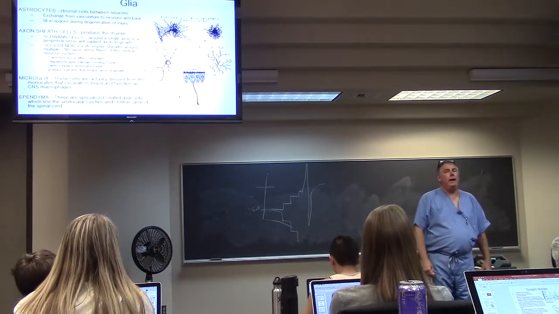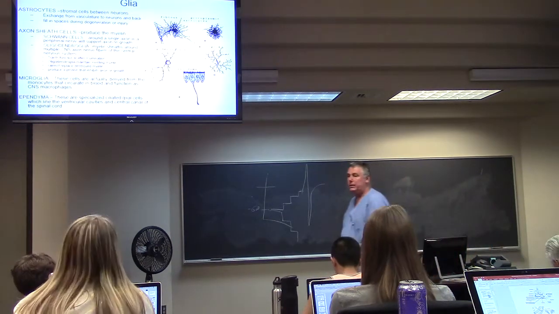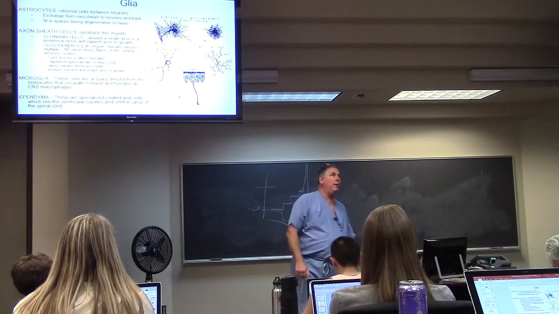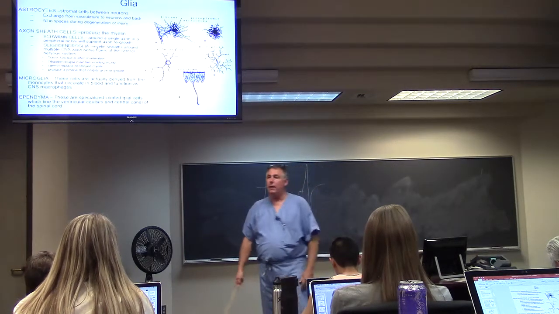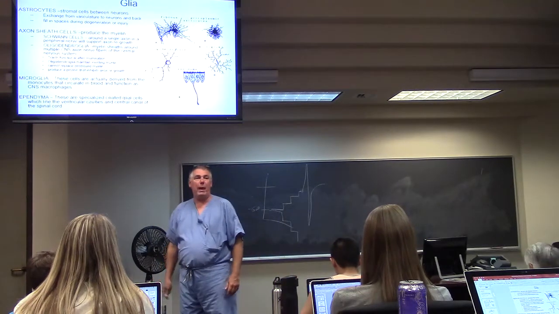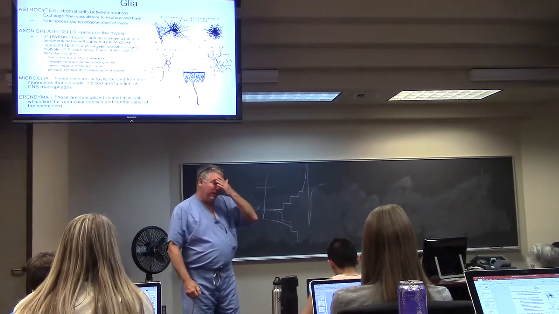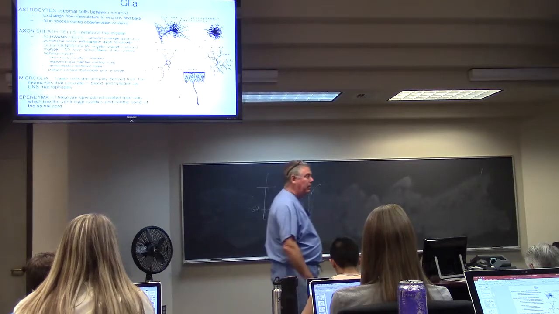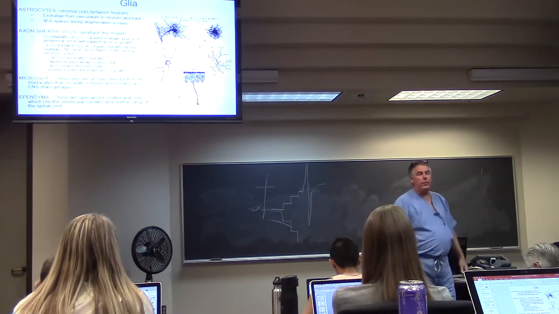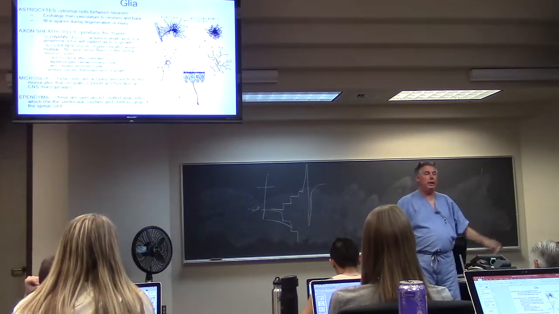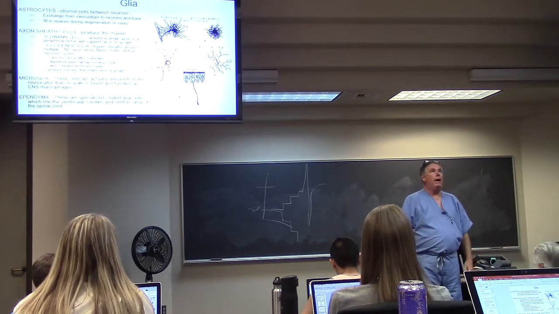All right, glia. There are a whole bunch of types of glia. The most prominent type are the astrocytes. There are two types of astrocytes. There are fibrous astrocytes and protoplasmic astrocytes. I don't really care that you know that. Fibrous astrocytes are more common in one area than the other, but just know that the astrocytes come in two forms.